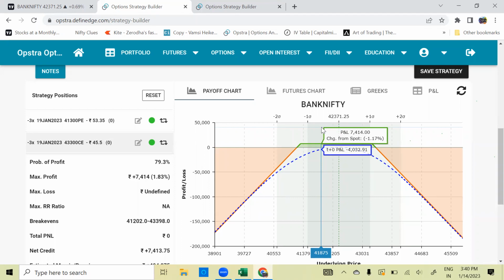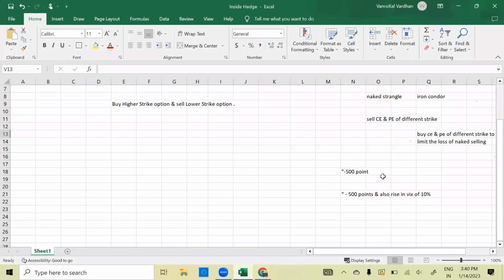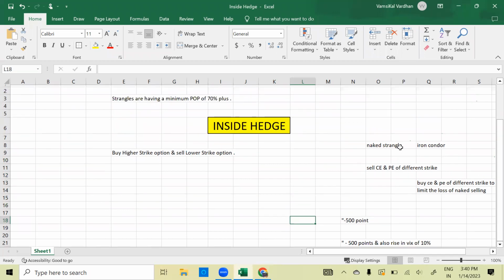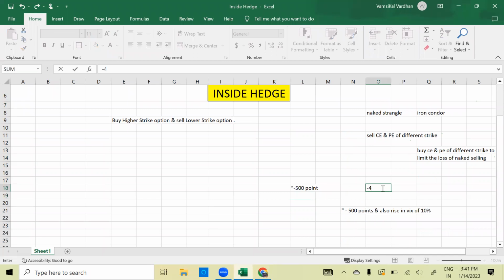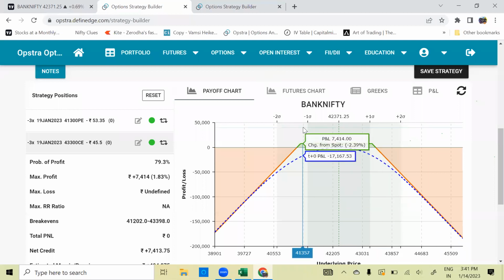For example, if I construct this trade in my account tomorrow and Bank Nifty falls 500 points, then I will be losing 4,000 rupees. So I will write here, for minus 500 points, I am losing minus 4,100.